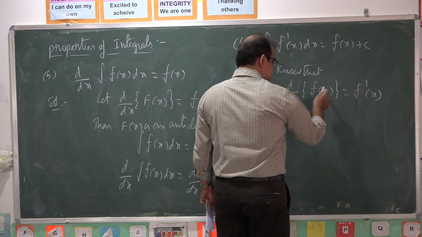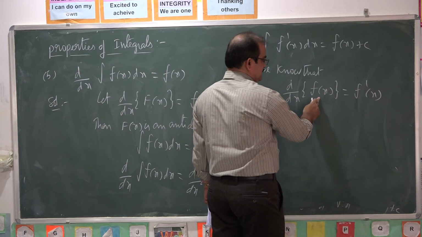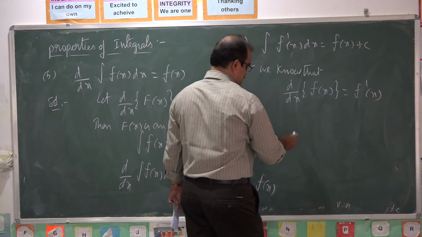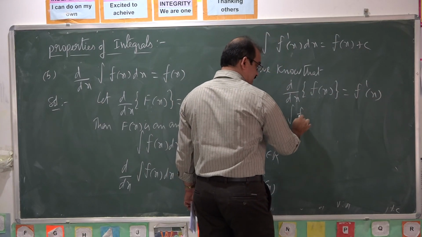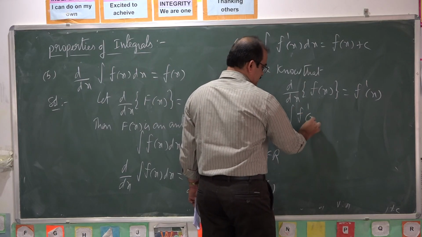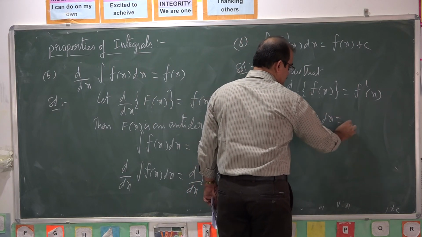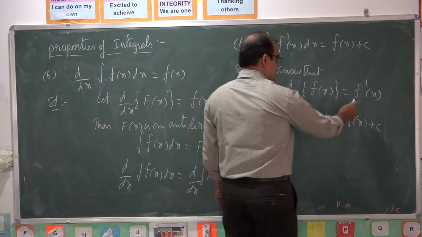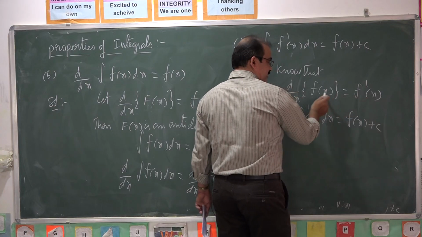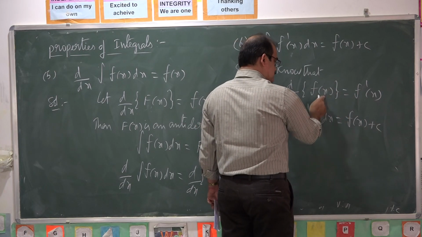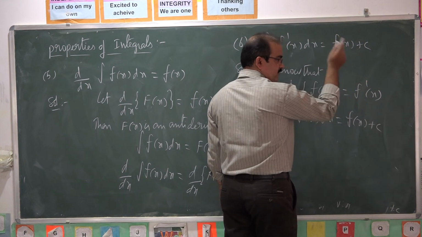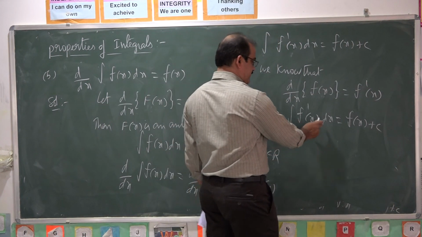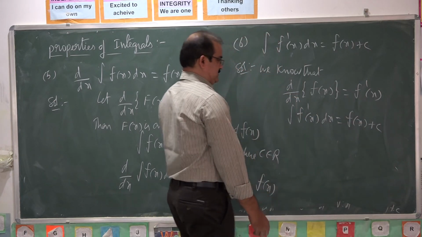If f dash x is the derivative of f of x, then f of x is called the antiderivative of f dash x. Integral f dash x dx is equal to small f of x plus c. Antiderivative is integral. So integral f dash x dx is equal to f of x plus c.